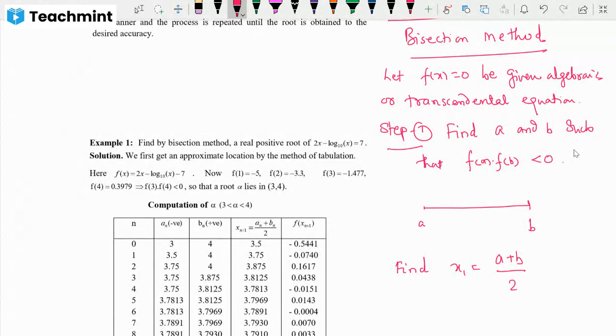It will surely be at the middle of this interval [a, b], which is the midpoint of a and b. So it will be here.